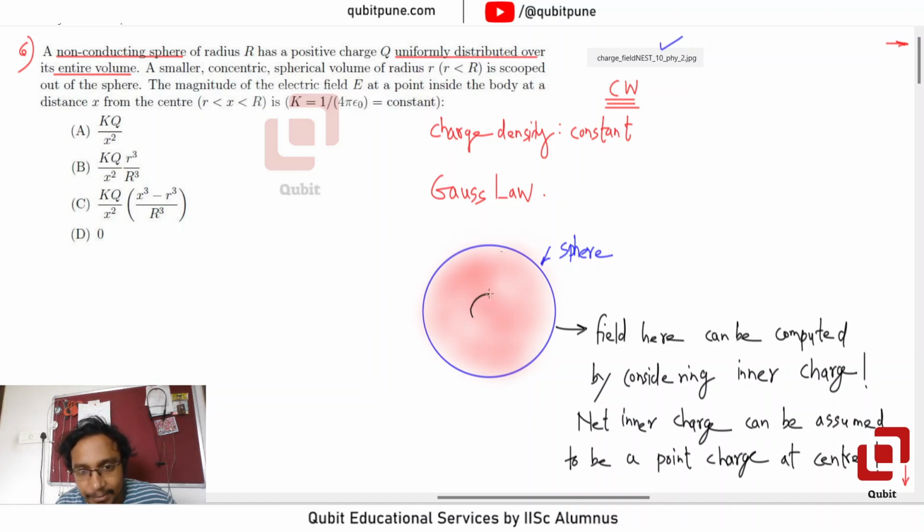ओके, ये कैविटी है, इसमें कोई चार्ज नहीं है. Option C. Others?